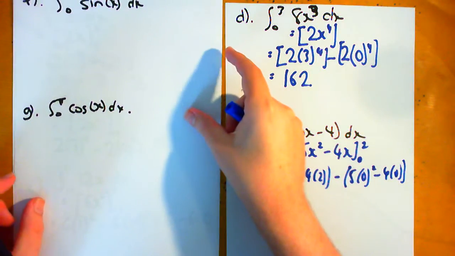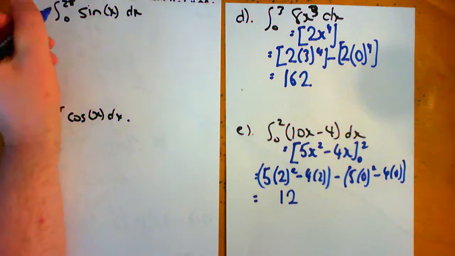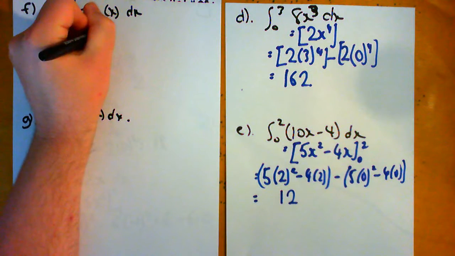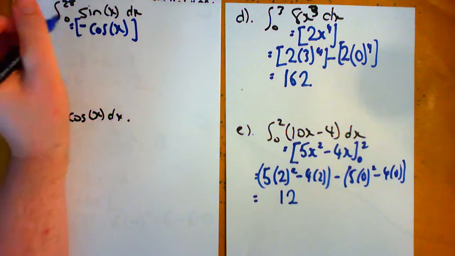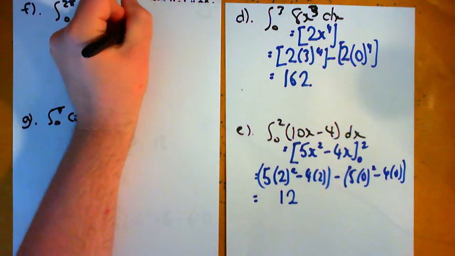Okay, then we have the integral of sine of x dx. So if we integrate the sine function, the integral of sine is negative cosine of x, and that's going to be evaluated between 0 and 2 pi.